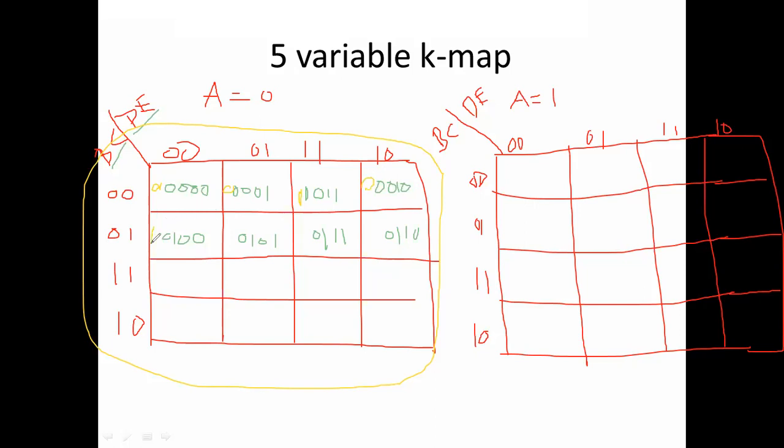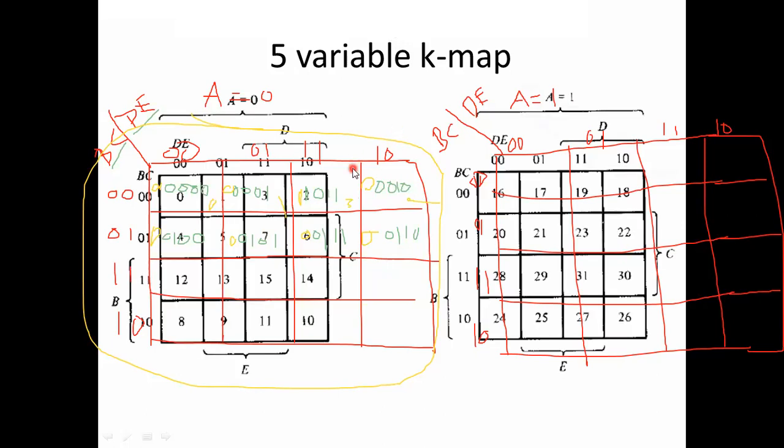Here also 0, 0, 0. Like this, we are taking BCDE combinations and putting MSB bit as 0 because here A equal to 0. If you observe, this combination is 0, 0, 0, 0, 0. So 1. This is 3. This is 2. Like this.